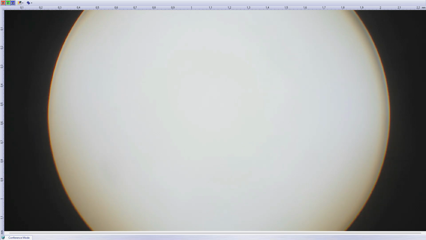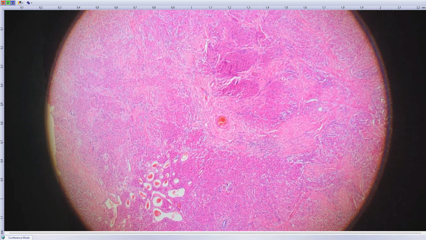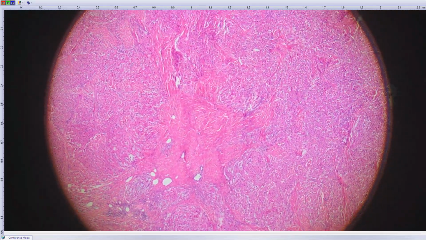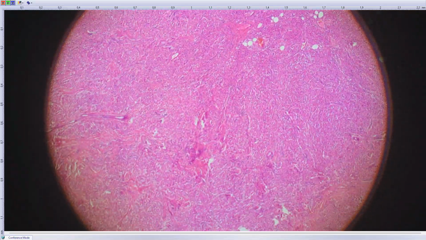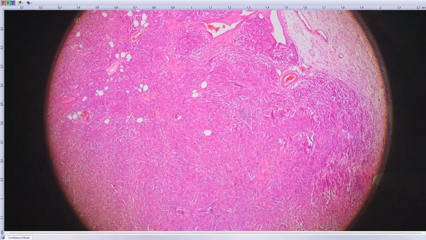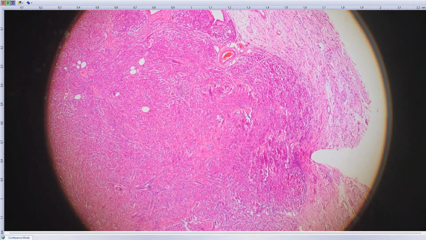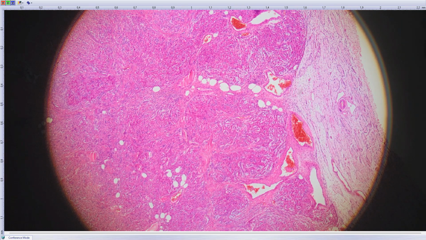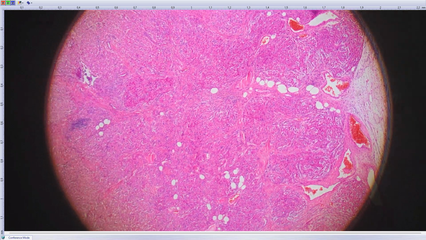Another tumor is also from the testes, and here we have another sex cord lesion. In this case, it was not a genuine tumor. We had clinical information which was enough to properly diagnose it.